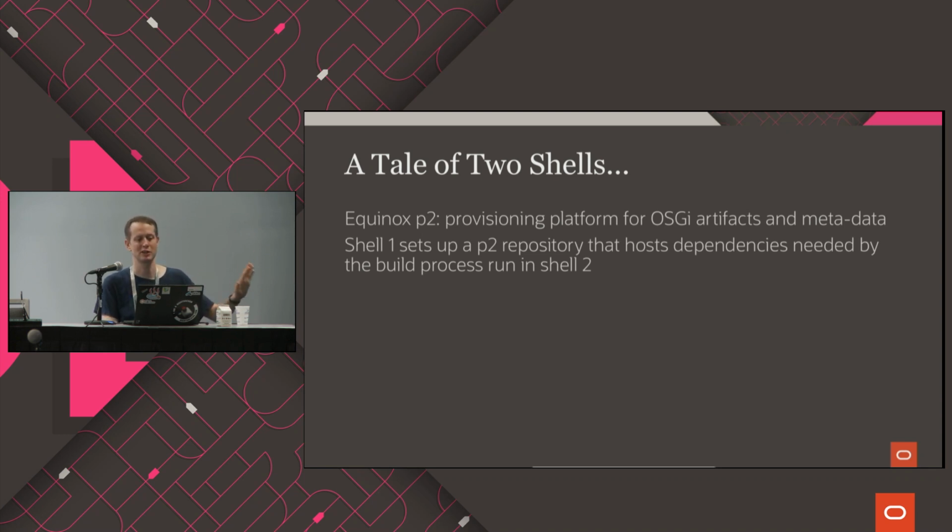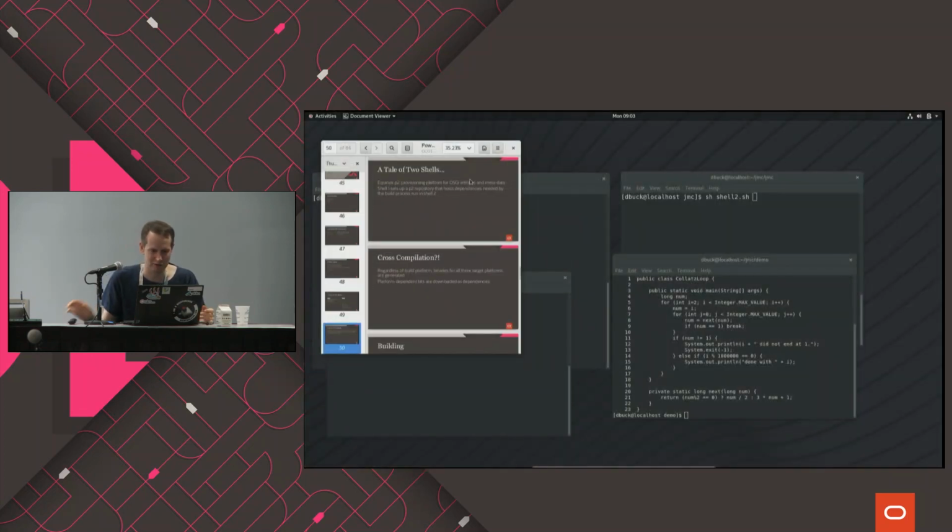So in one shell, we're setting up the provisioning platform, which is basically just an OSGi specific repository where the Eclipse components are set up and made available over a network connection for the build process that's run in the other shell. So let's see what that actually looks like, just to show you how ridiculously easy it is.